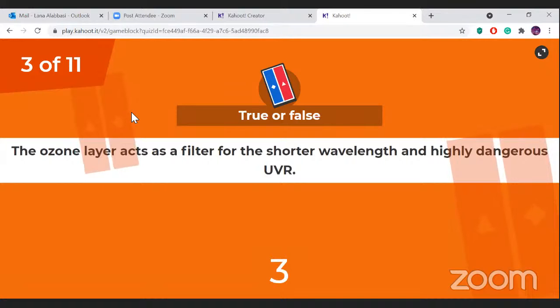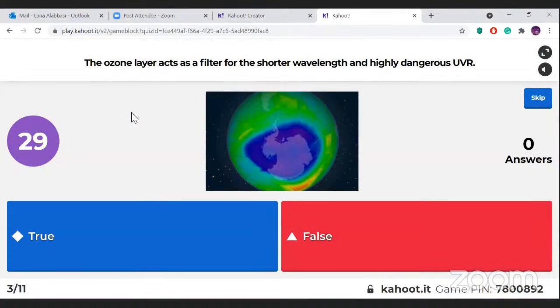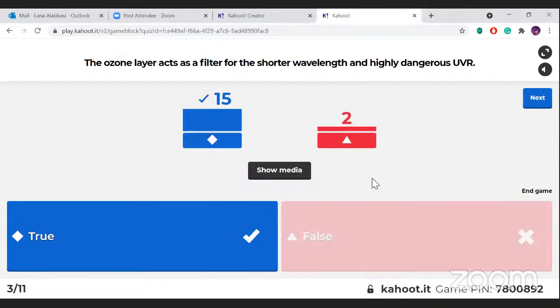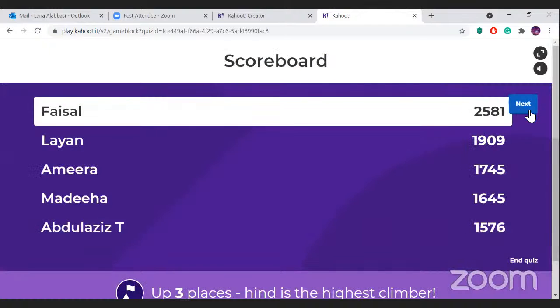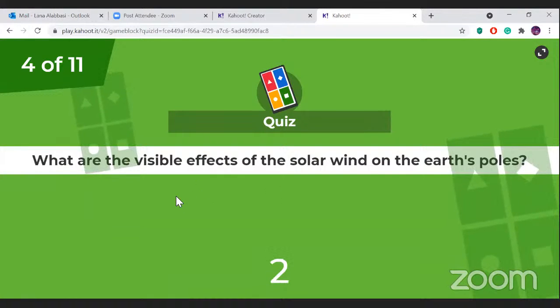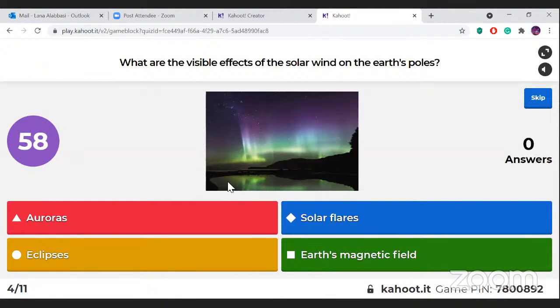The next question, the ozone layer acts as a filter for the shorter wavelength and highly dangerous UVR. Is that true or false? So the correct answer is true. Well done. Faisal is at the top right now. The next question, what are the visible effects of the solar wind on the Earth's poles?